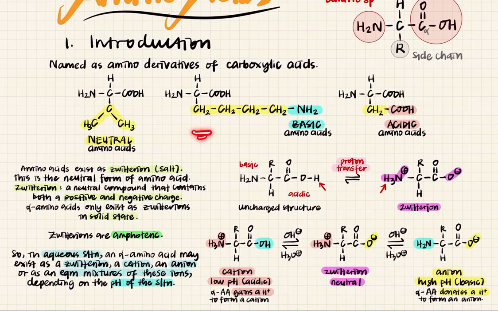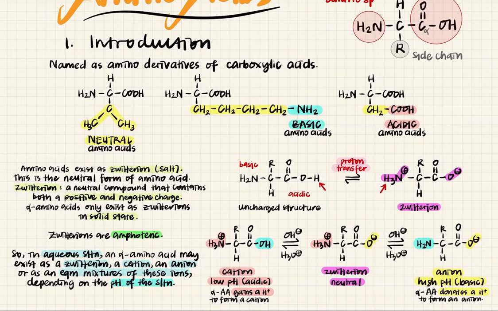As for this one, you have NH2 and COOH, which is already neutral, but then your R group here has an amino group. So this will be a basic amino acid, because the amino group is basic. If you have an additional COOH at your side chain, it will be an acidic amino acid.